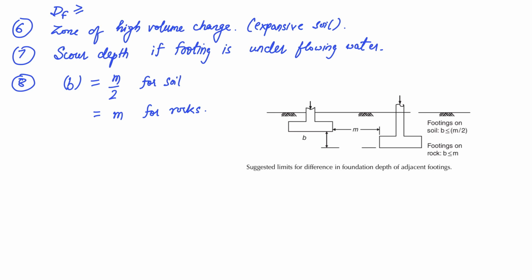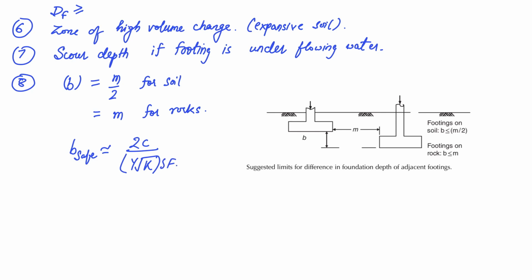Now, if a new footing is lower than an existing footing, then new excavation may cause the soil to flow under the older footing towards the new excavation. Hence, here you should also keep in check that the safe difference in the level of footing should be around 2c upon gamma under root of k into SF.